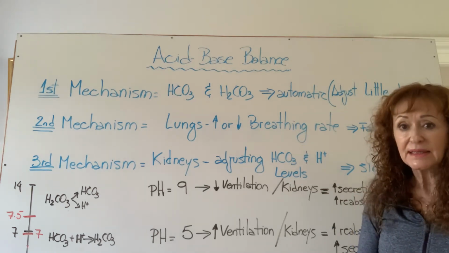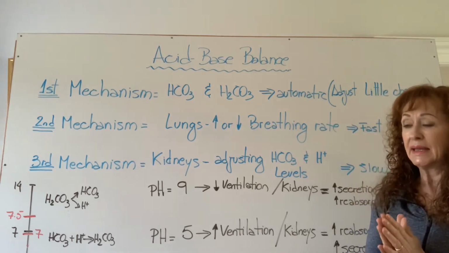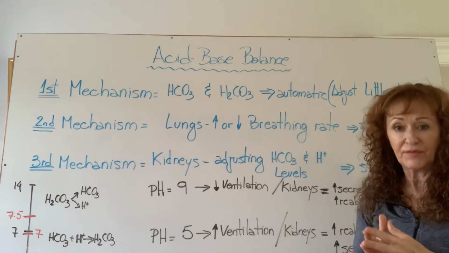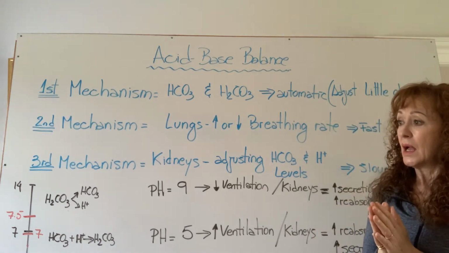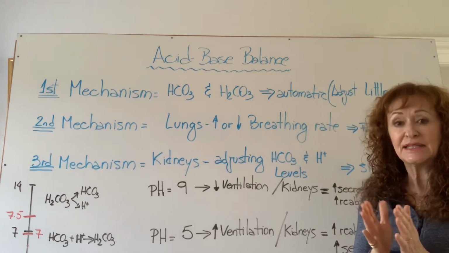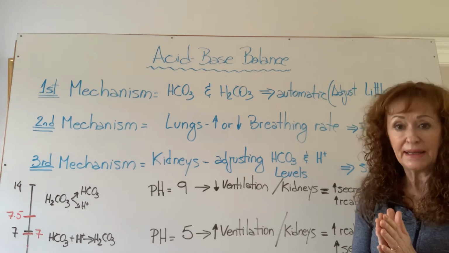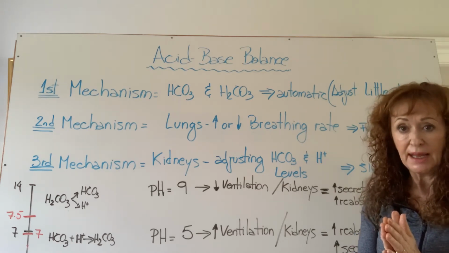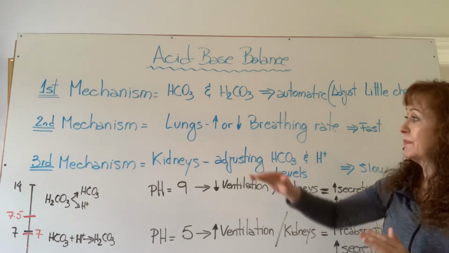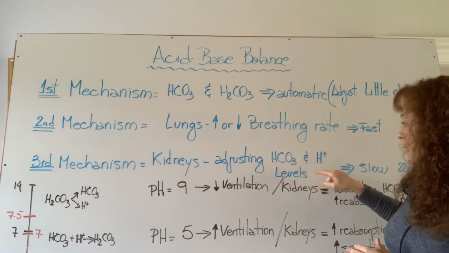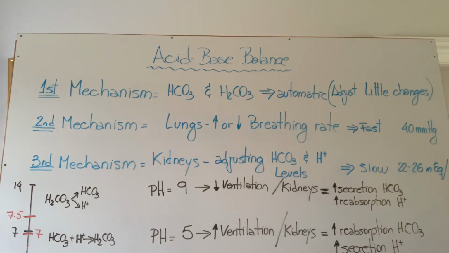How the kidneys balance things out is a little more complex, and there are different types of terminology that you have to be familiar with. The kidneys are adjusting the levels of bicarbonate or hydrogen according to the scenario. What is happening in this system is slow. It really takes several days.